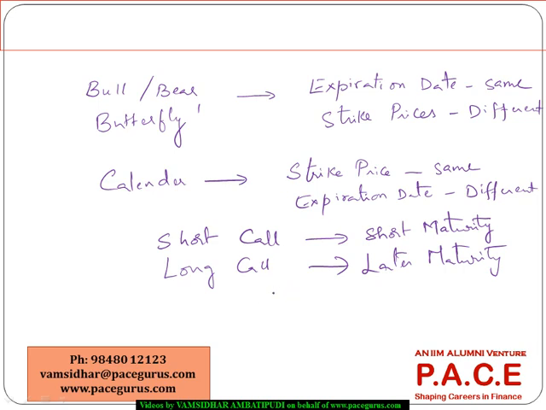Directly we cannot give these kinds of payout diagrams, but a straightforward way is, whatever the strike price is, I'll take a short position in a call and a long position for the same strike price but for a longer maturity. In this case, if the strike price is the same, the longer the maturity period, the premium is going to be higher. So the long call premium is going to be higher than the short call premium. So initially there is a cash outflow in the process, fair enough.